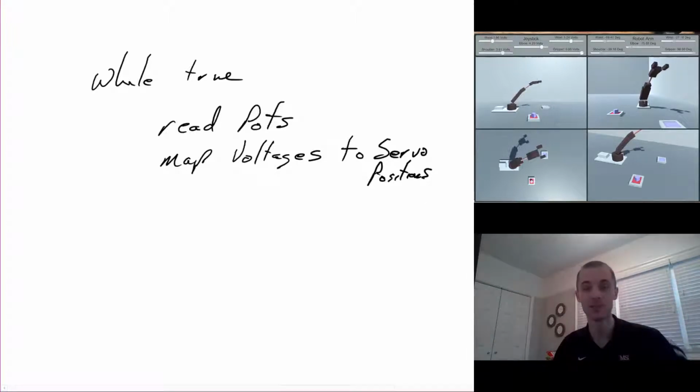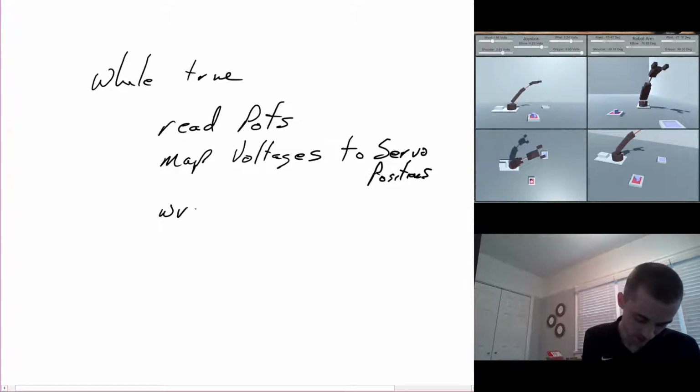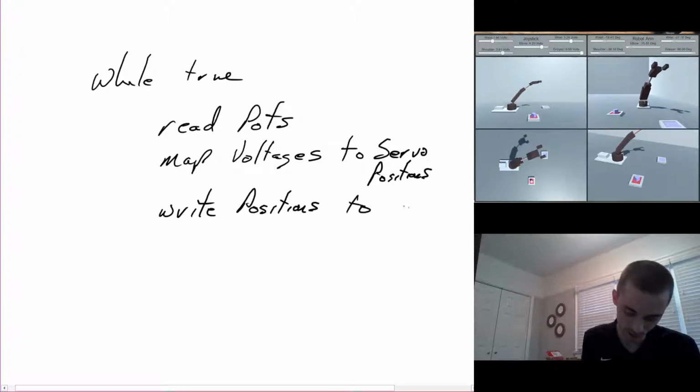And then we're going to write the servo position, and I'm going to pause for a second. All right, so we're going to map the voltages, and then at that point, we can write them again. Write positions to servos.